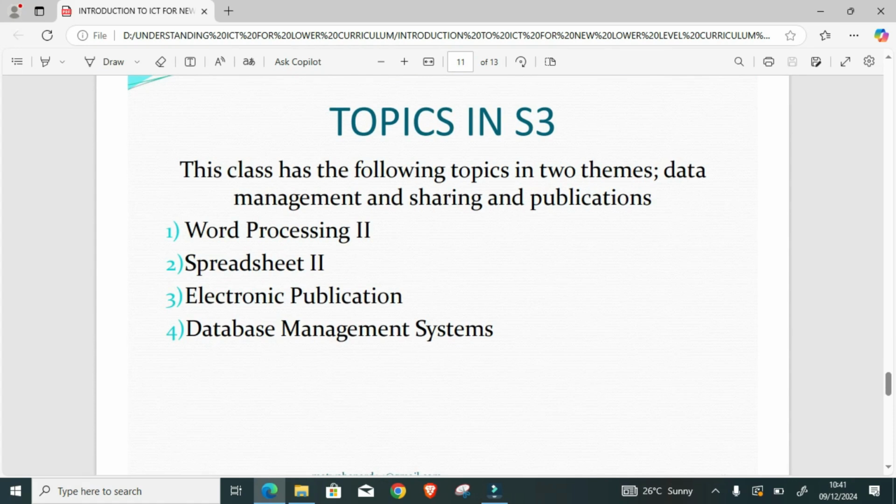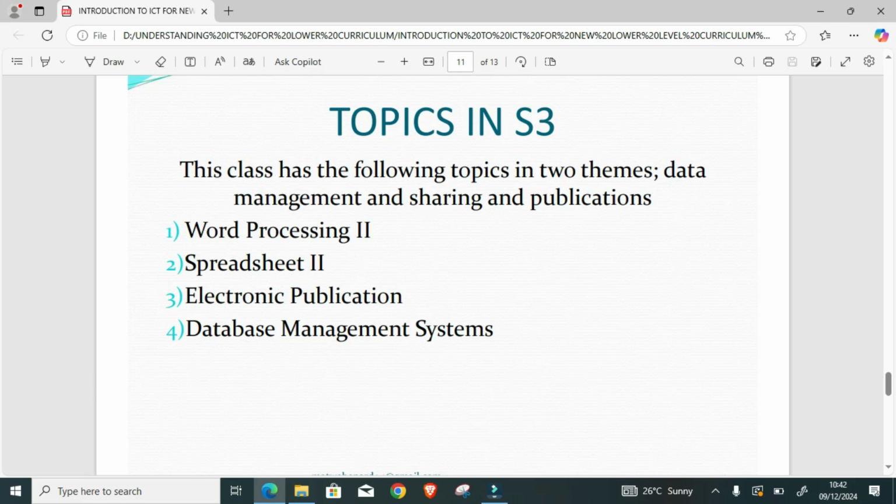In senior 3, we also have two themes, that is data management and sharing, and also publication, of which we shall cover word processing 2. Someone can say we saw word processing 1 there. In senior 1, word processing 1 is generally using WordPad, which doesn't have a lot of features, though to some extent I teach learners everything there.